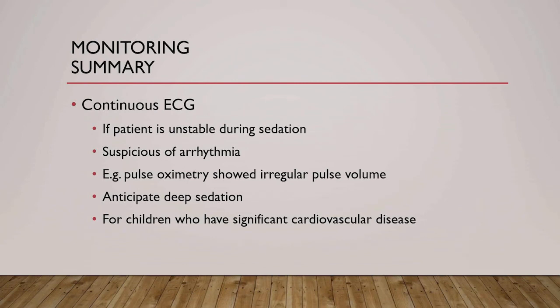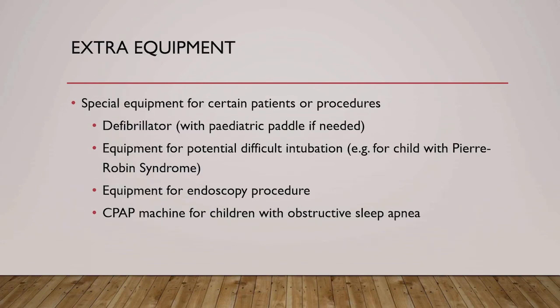And continuous ECG is used if the patient is not stable during sedation, you suspect arrhythmia, you anticipate that the sedation will become deep, or the patient has underlying significant cardiovascular disease. So what kind of extra equipment may be required for sedation?